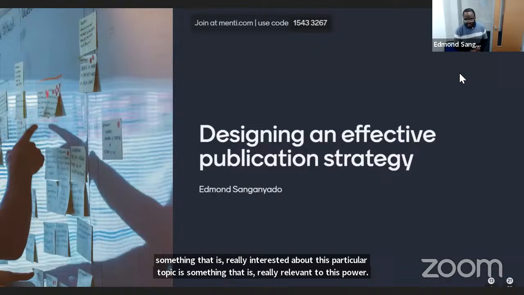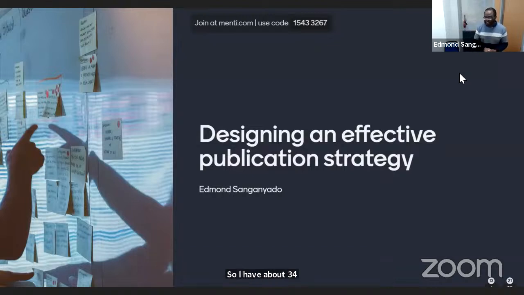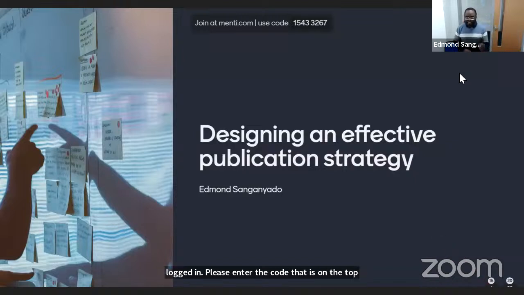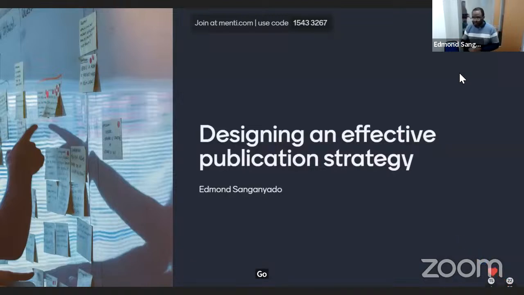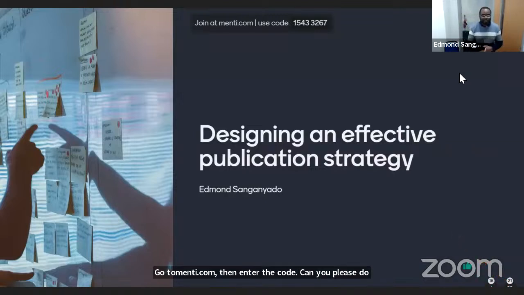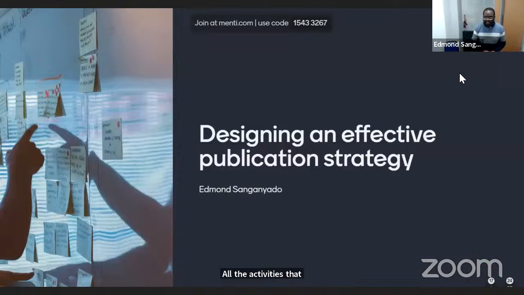I have about 34 people that have logged in. Please enter the code that is on the top right. Go to menti.com, then enter the code. Can you please do that so that we can proceed? Because if you don't sign up, we might end up losing you along the way. All the activities that we are going to be doing today will be based on menti.com. So please sign up.